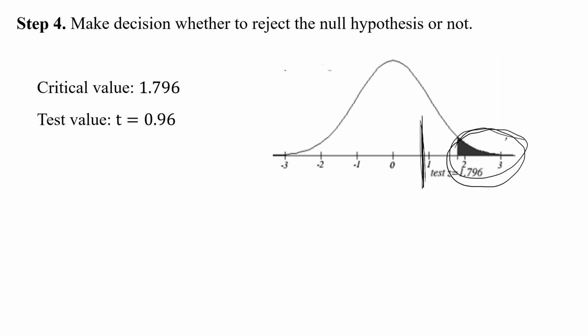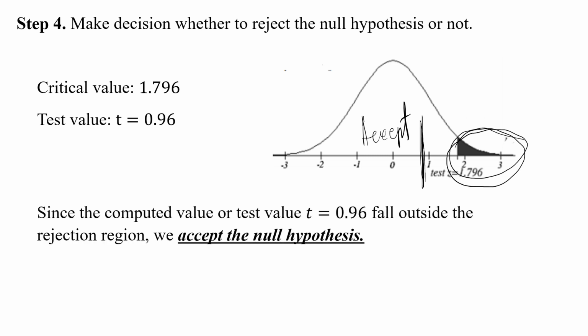So, meaning, we need to accept the null hypothesis. Since the computed value or the test value is equal to 0.96, fall outside the rejection region, we need to accept the null hypothesis.